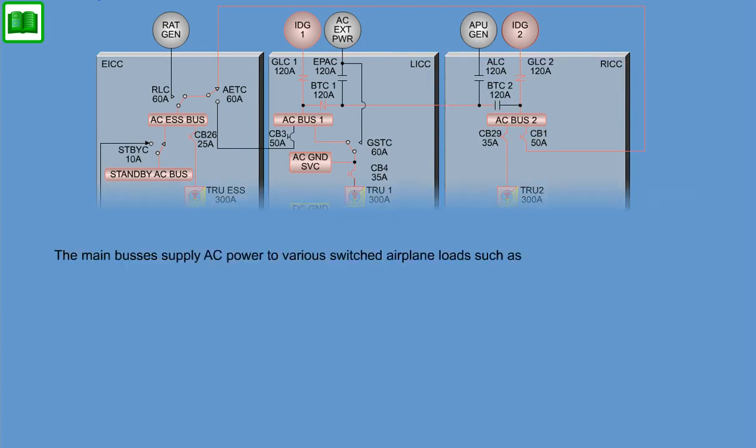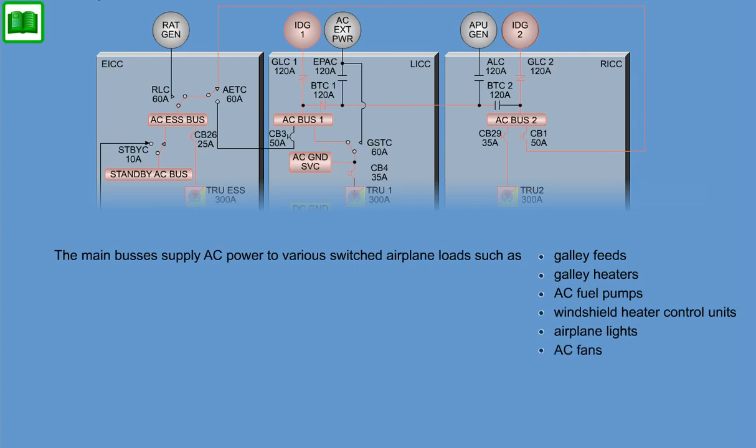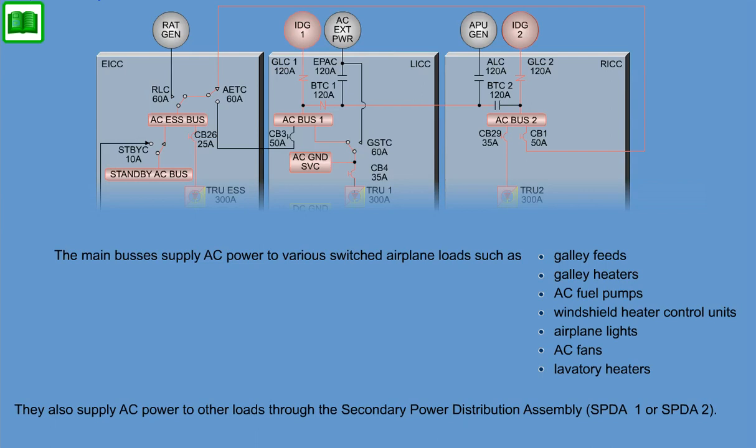The main buses supply AC power to various switched airplane loads, such as the galley feeds, galley heaters, AC fuel pumps, windshield heater control units, airplane lights, AC fans, and lavatory heaters. They also supply AC power to other loads through the Secondary Power Distribution Assembly, SPDA-1 or SPDA-2.